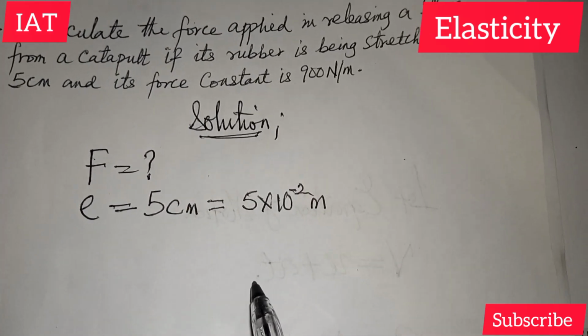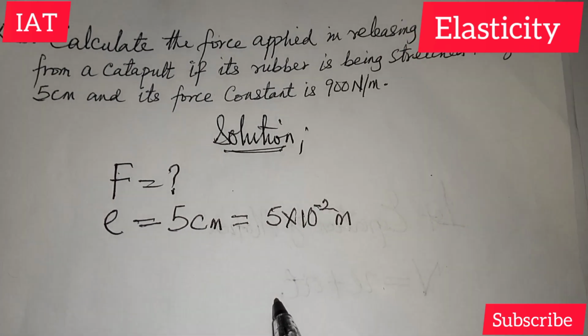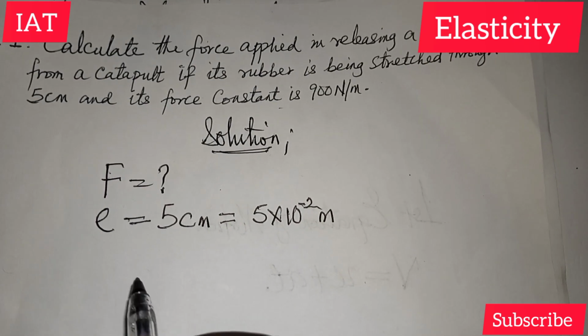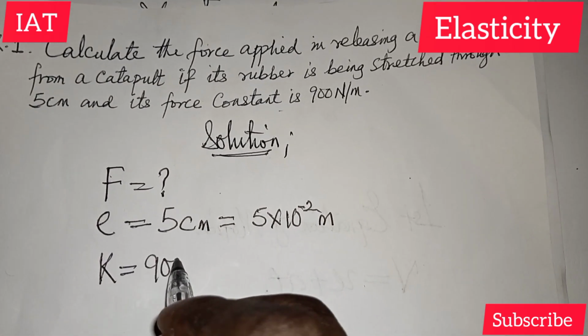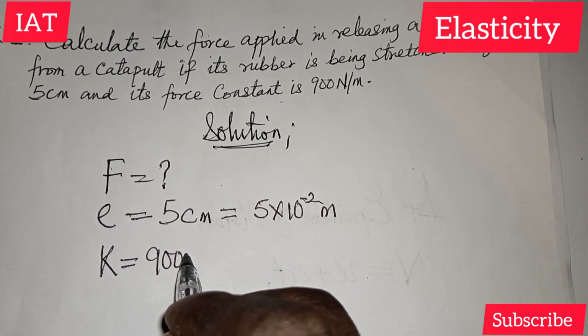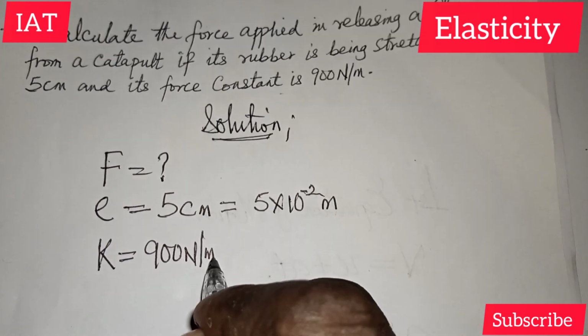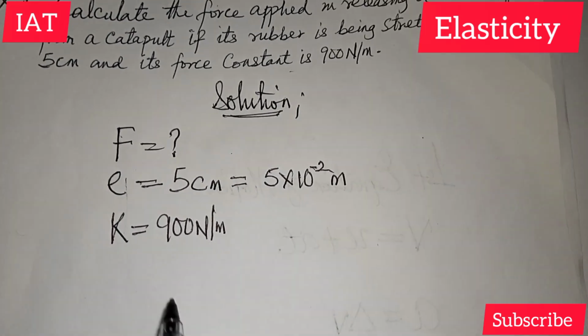Alright. The next thing we're going to look into is the other parameter given, which is the force constant. That is K, and the value we have is 900 Newton per meter. So what do we need to do? We just remember the formula that links these two things together.